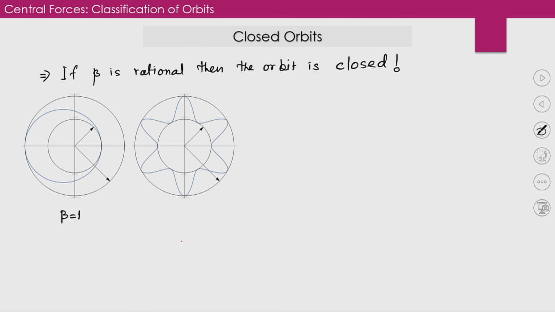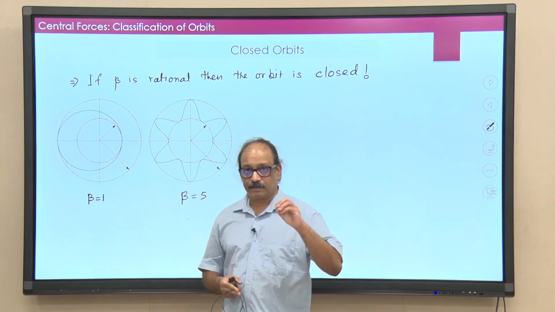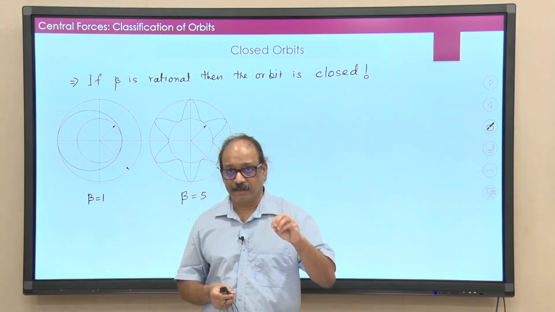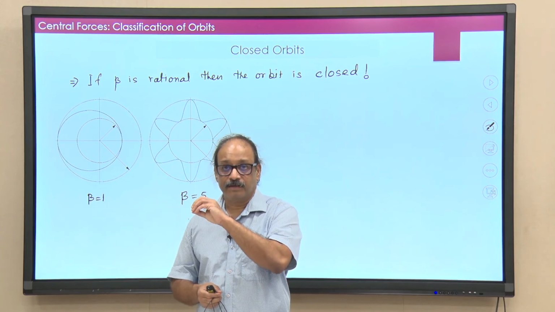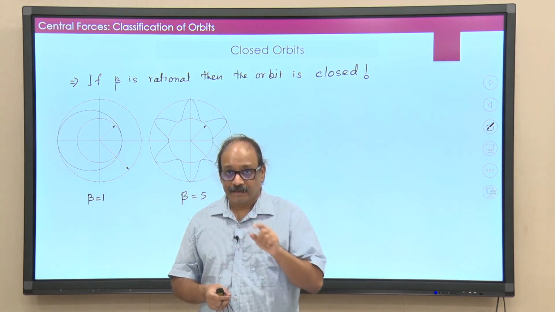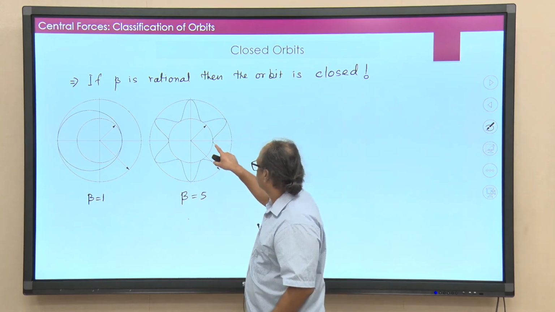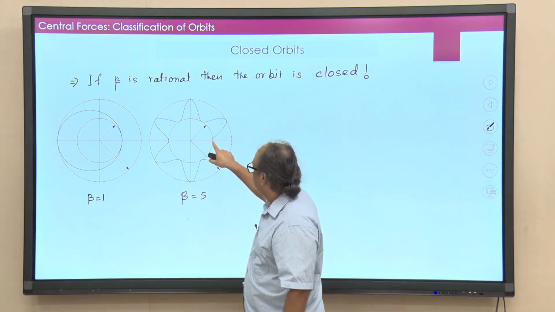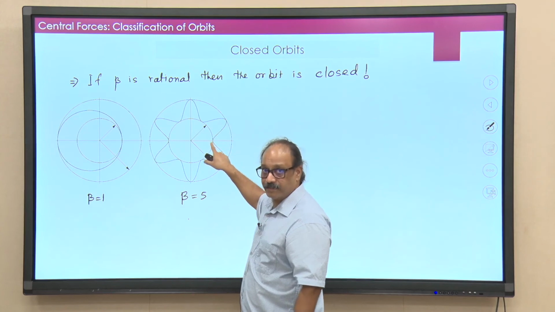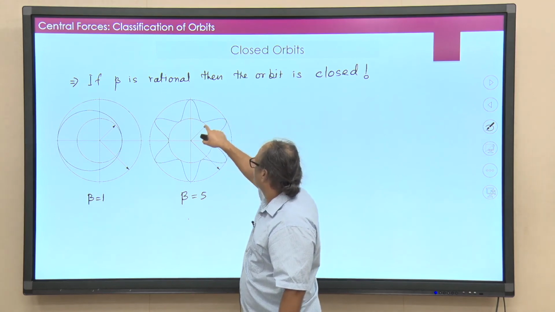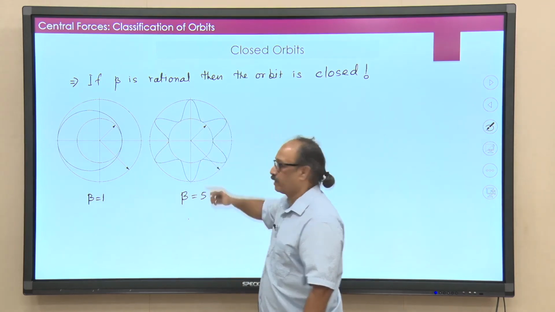This is beta equal to 5. What happens is that between theta equal to 0 and theta equal to 2 pi, there are 5 cycles of u. That is exactly what you see. This is the minimum in r, that is the maximum in u, minimum in u, and so on. It will go back and forth 5 times.